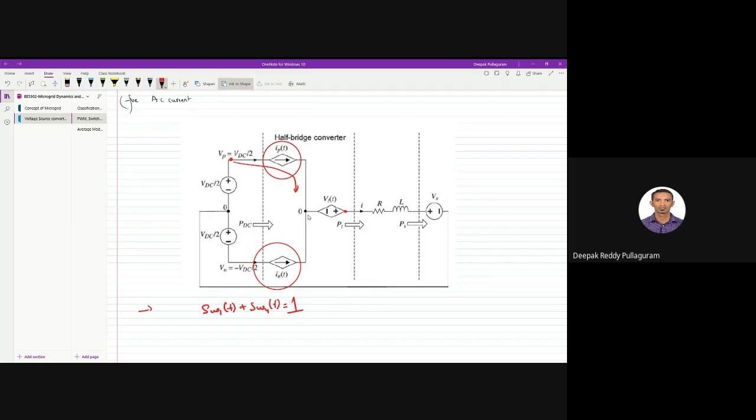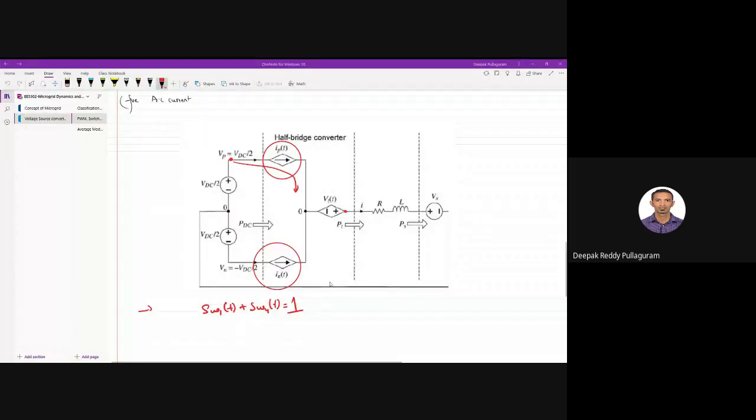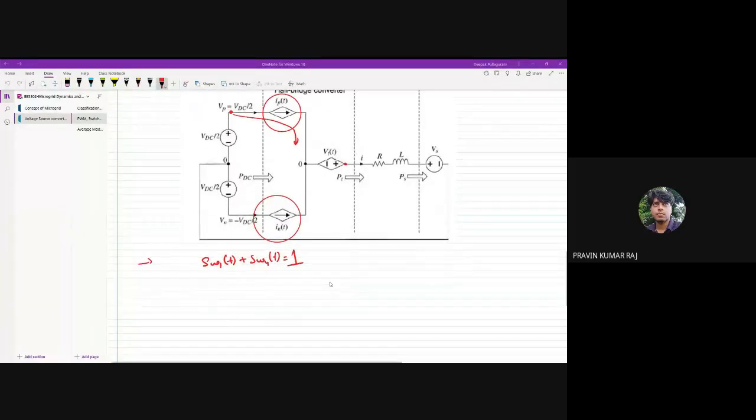Next, what about the terminal voltage? What happens to VT when SW1 is on? VDC by 2, positive.